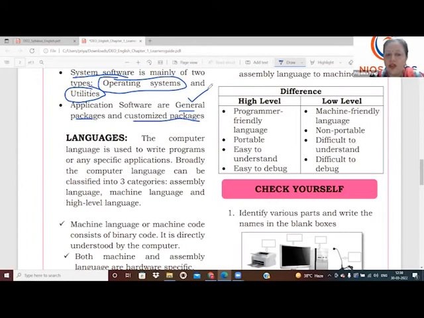According to category, the languages are categorized into three categories: one is assembly language, second is machine language, and third is high level language.